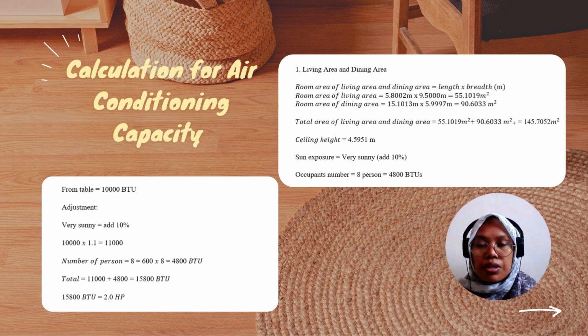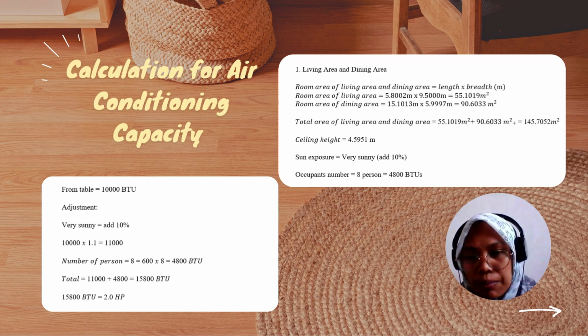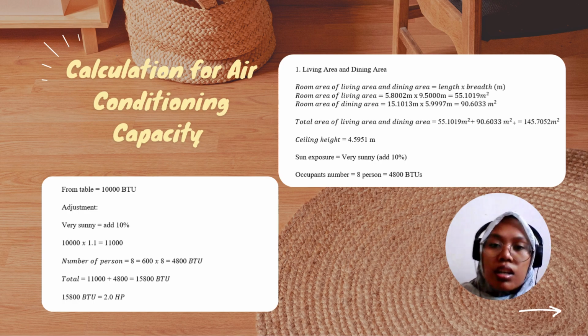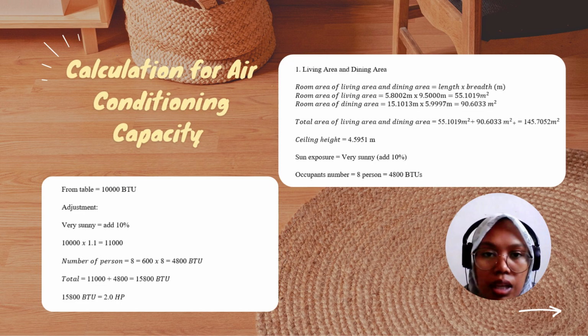So I did some conclusions for the air conditioning capacity, and these two are part of it. So here is an example I did for the living area and dining area. For the room area of the living area and dining area, the formula is length times breadth, which is in meters.